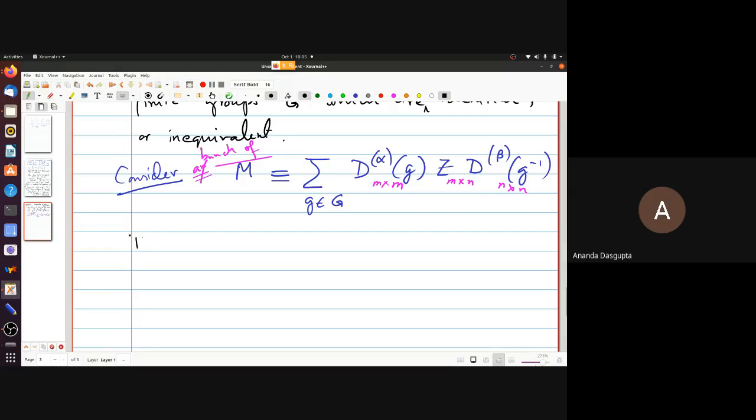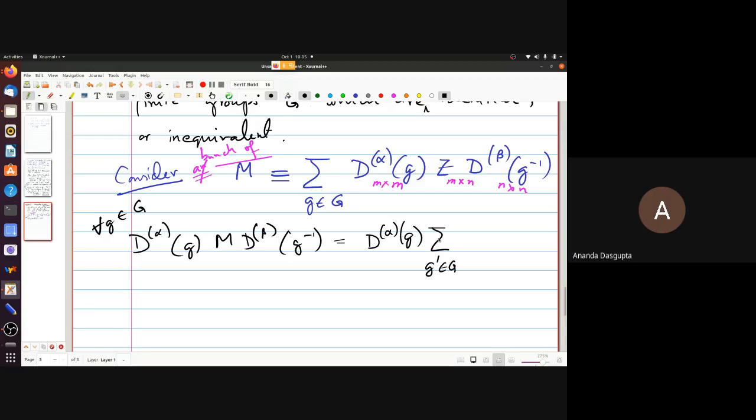Now, why I'm looking at this is simply this. Let's try out and find what this is going to be. This, of course, is going to be d alpha g, sum over all g prime, d alpha g prime.